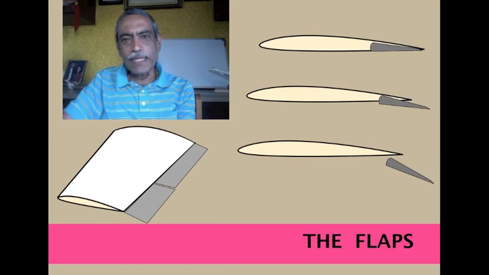What are the advantages? They improve the lifting capability of the wing so that the aircraft doesn't use a whole lot of runway length. That means it is able to lift up within the runway length available at that particular all-up weight.